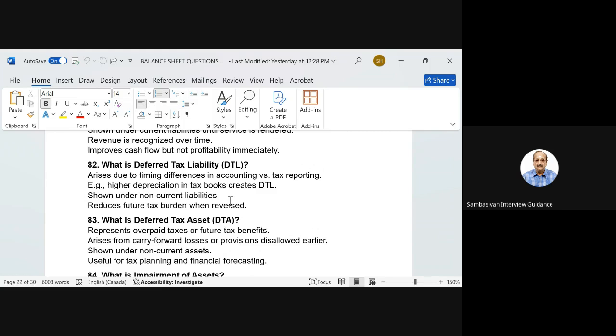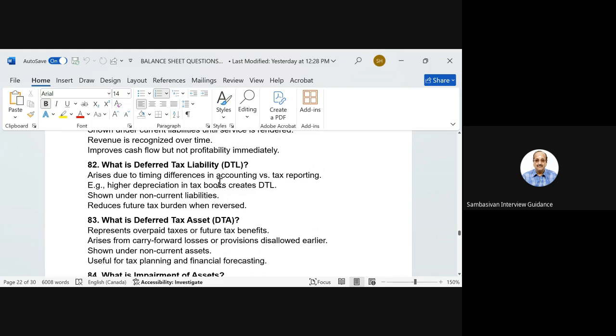That amount is shown as a non-current liability. Up to 31st March, the depreciation to be provided is, let us say, 1.2 lakhs, but they have provided depreciation of 1.5 lakhs. For what reason, we don't know. In that case, this 30,000 will be shown under non-current liability.